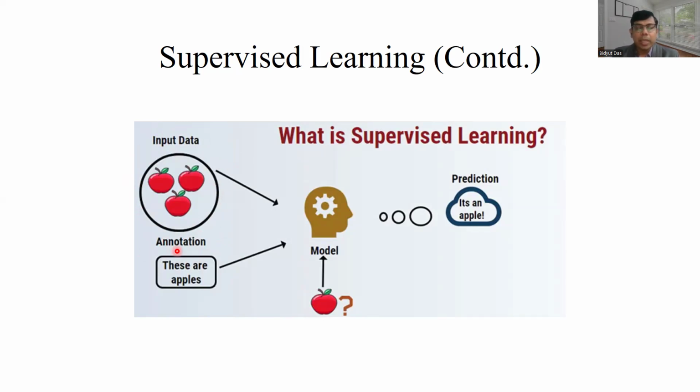Now we give a new image. Whether this image is an apple or not will be determined by the model. That is actually supervised learning. At first, when we are training, we use labeled data, and then we predict for unknown data, an unknown image, whether it is an apple or not.